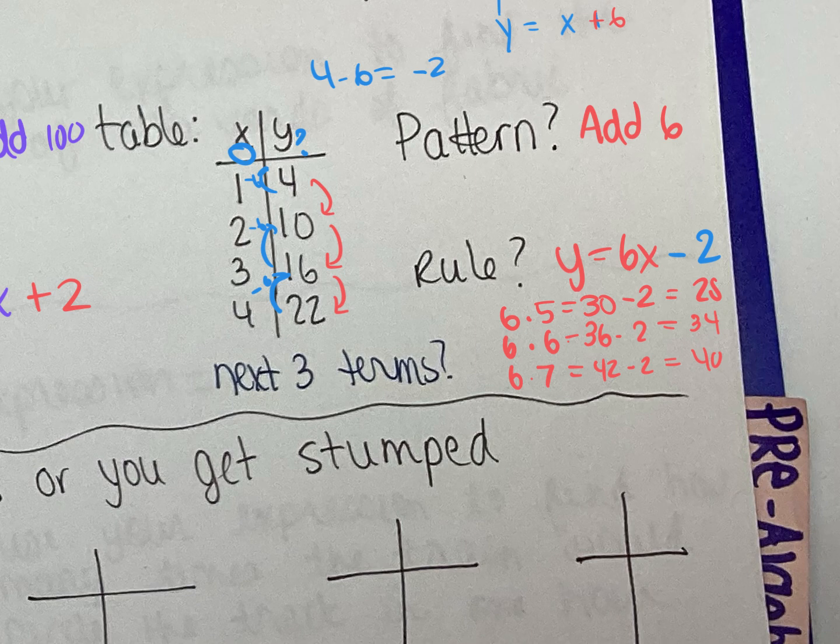So the next 3 numbers would be 28, 34, and 40. I could do 6 times 5 minus 2, 6 times 6 minus 2, 6 times 7 minus 2, or I could have gone over here and said add 6, add 6, add 6. 22 plus 6 is 28. 28 plus 6 is 34. 34 plus 6 is 40.